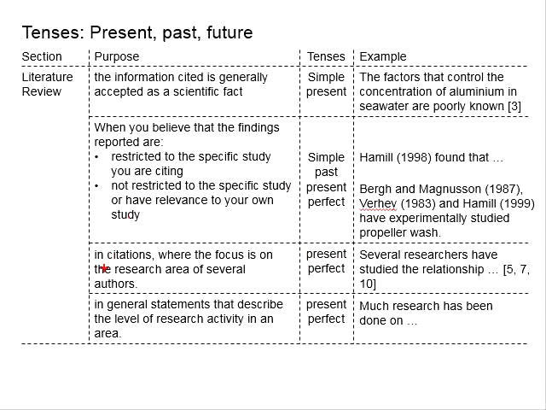Or if you are making a general statement that describes the level of research activity in an area, for example, much research has been done on, you may use the present perfect tense. First, your statement here is a general statement. We are talking about the research activity within an area.